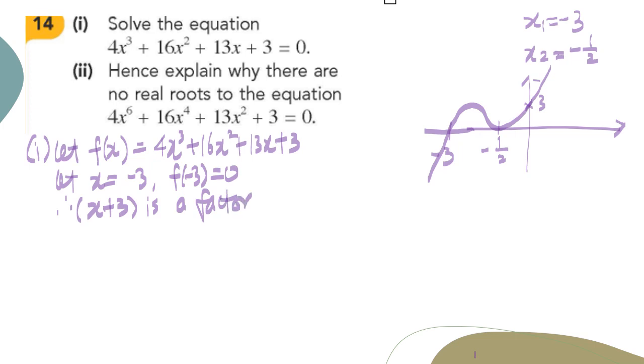To find the other factors, you can use long division, which is what I'm going to do here.